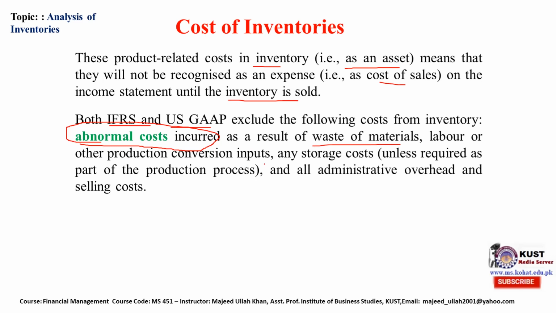Any storage cost unless required as a part of production process, and all administrative overhead and selling costs. So these costs will not be included in the cost of inventory. Again, abnormal losses if they occurred during the production processes.